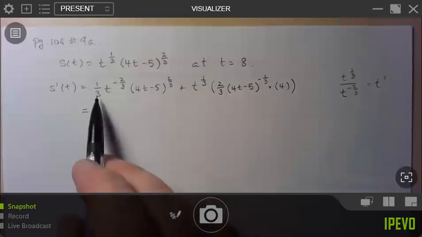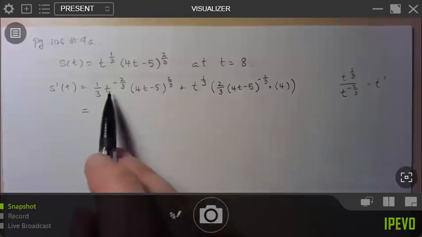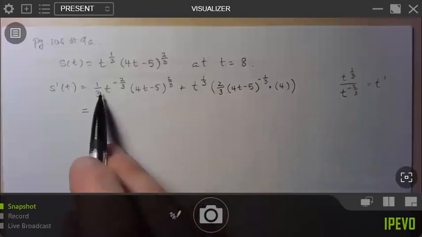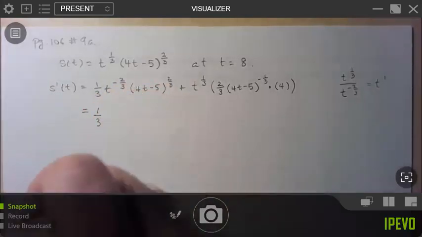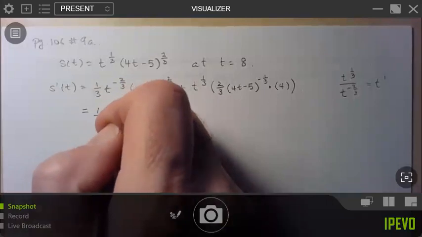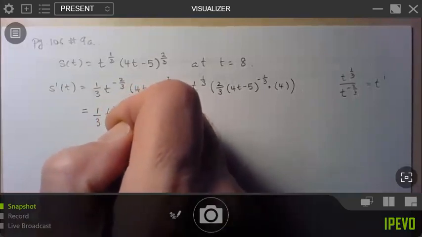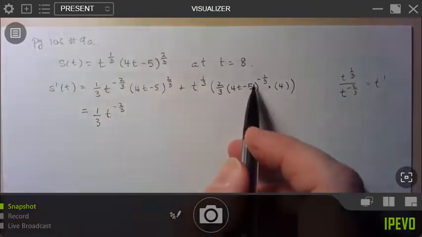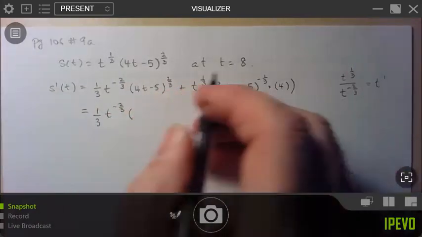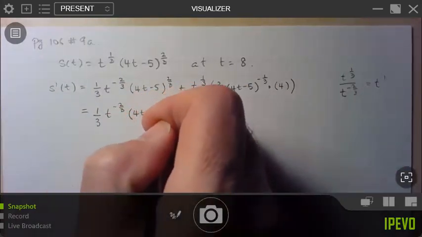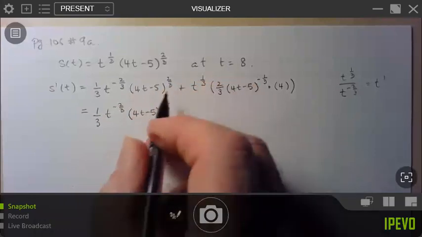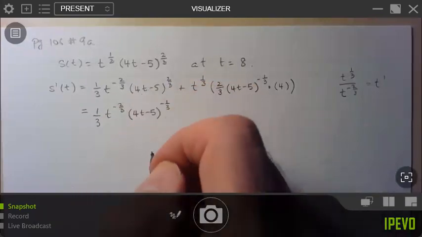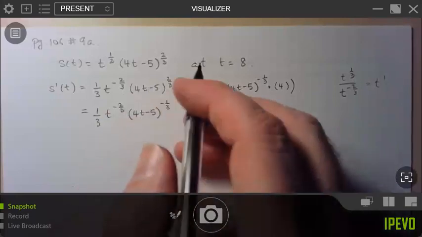In fact, I'm going to go even further, because I notice I'm going to factor out a 1/3 from these two things here. So what I'm going to factor out is a 1/3, a t to the negative 2/3 because it's the smaller one, and here a 4t minus 5 to the negative 1/3 because it's the smaller of the two. Any questions on what I did here?